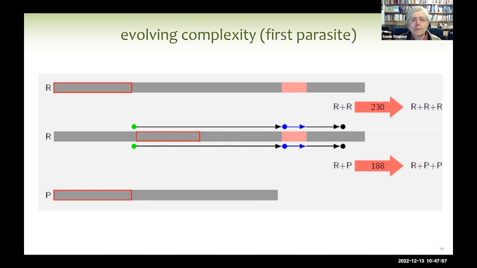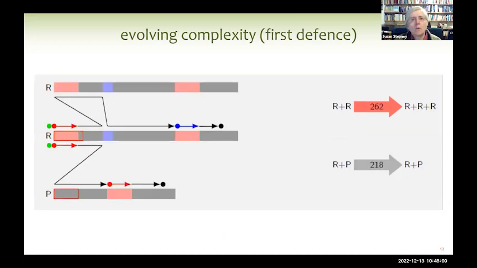And so then what happens? Well, the replicators evolve a defense against the parasite. So here we've got 2 copies of a new replicator. Notice it's quite a bit shorter than the previous one. And the binding region is actually now at the beginning in both cases. And it's got a much more complicated execution now. When it binds to this replicator, it moves along until it gets to this blue area.